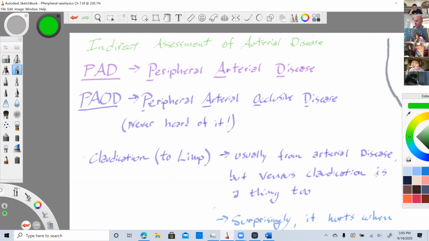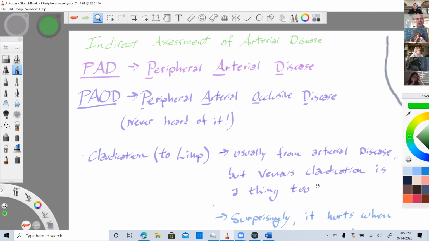PAOD is what your book uses, and I had to look that one up. I'm not familiar with PAOD, but it's the same difference, right? Peripheral arterial occlusive disease. I just don't know how to pronounce it. PAOD. And once again, a catch-all phrase for everything.